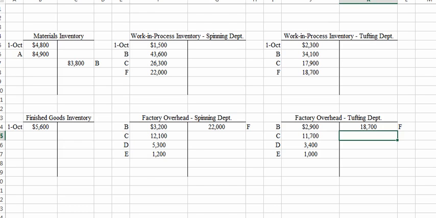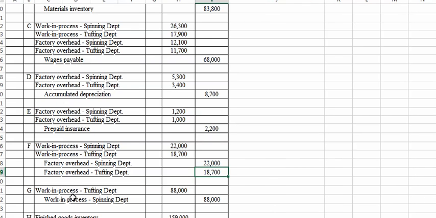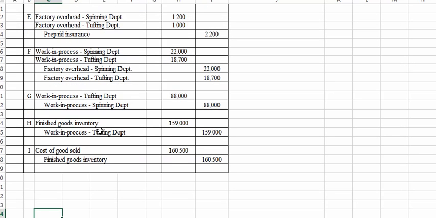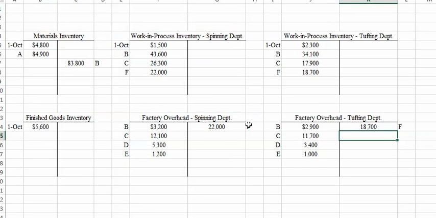We'll go to G. On G, we have a debit to work in process tufting for $88,000. There we were moving goods into work in process tufting and out of work in process spinning.